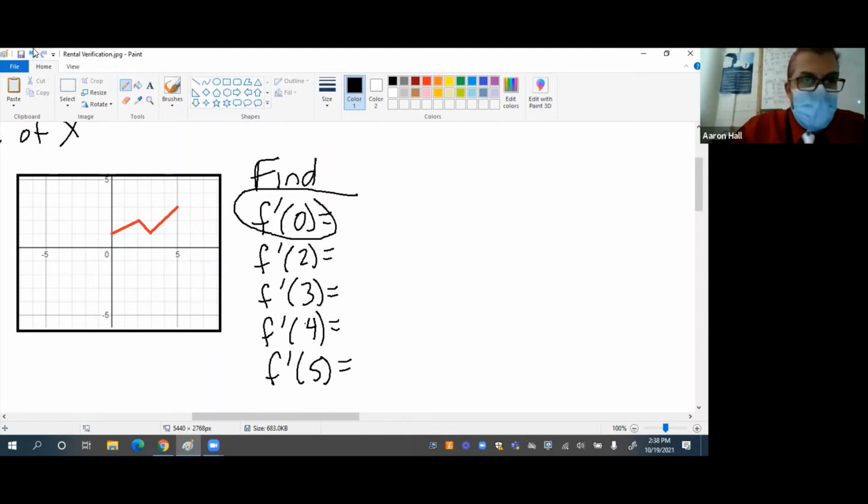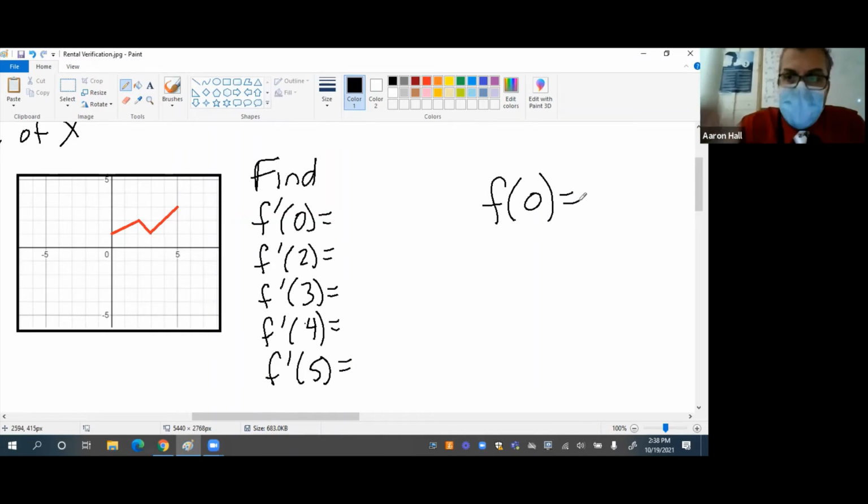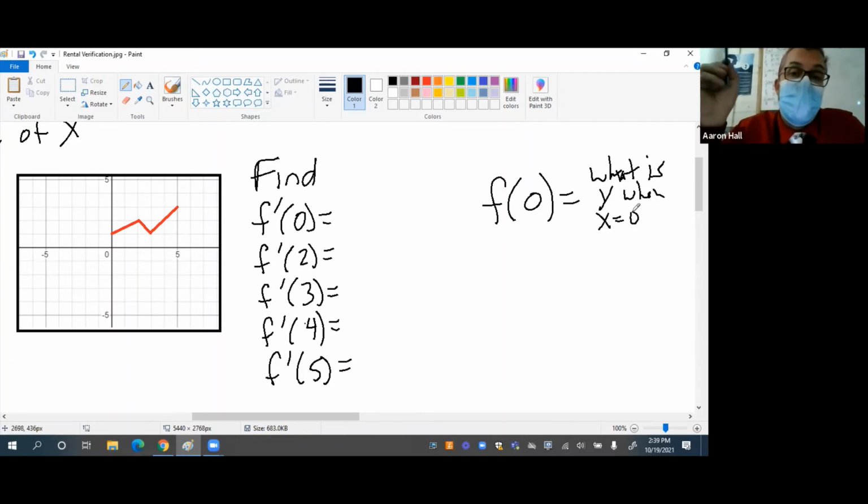Unlike the notation, what does this mean if I just write something like this? Yeah, I want to know what the y is. What is y when x equals 0? That's what I'm asking here. Over here, I'm asking what is the slope when x is 0? You guys see the difference?